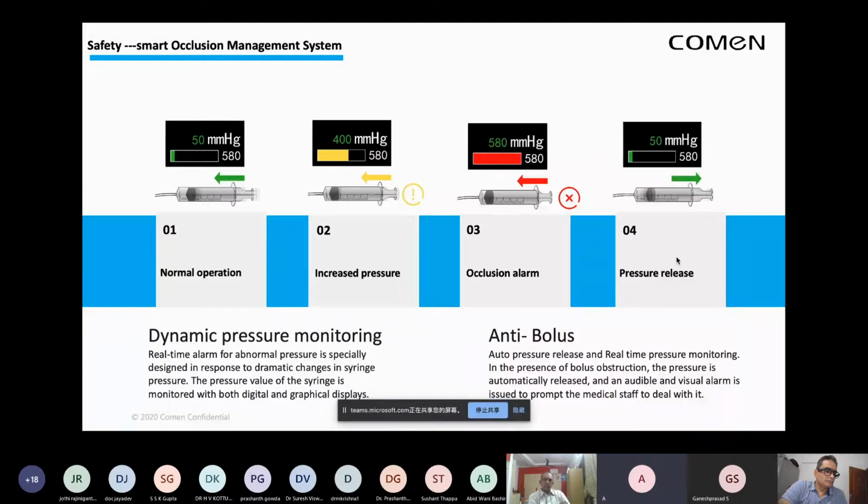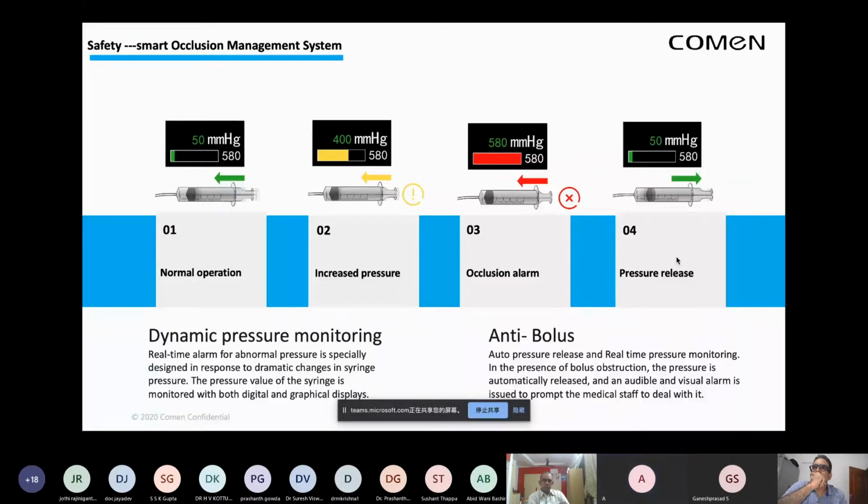Number two, we have setup for different pressure limits. For example, the maximum limit is 580 mmHg. If the syringe pressure reaches 400, there are different alarms. The yellow alarm is the first level.